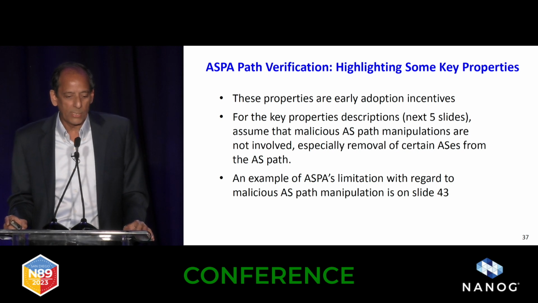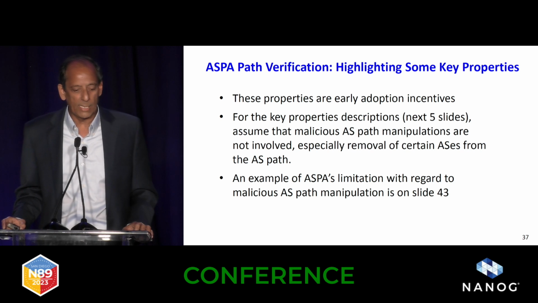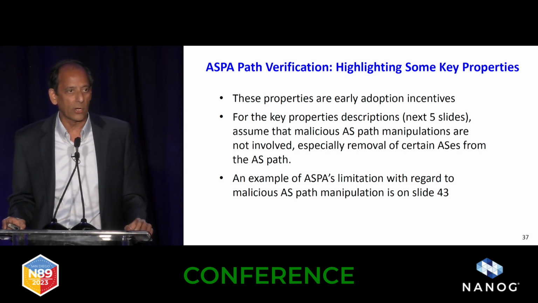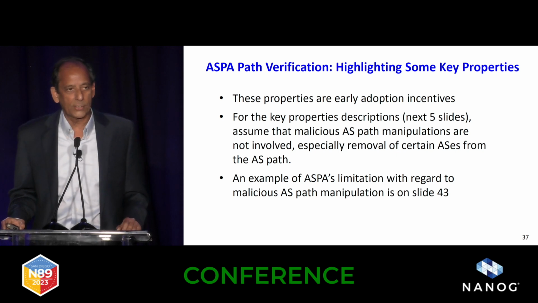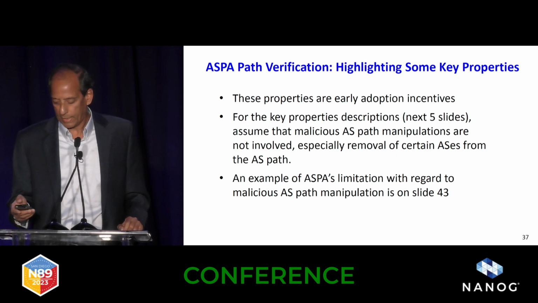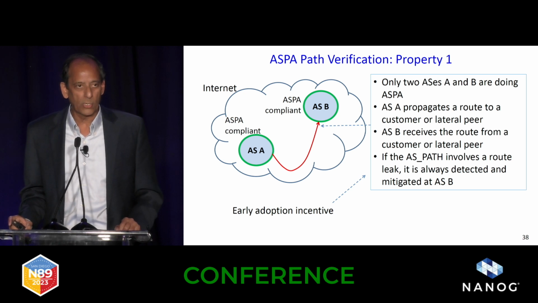For the key property descriptions, in the next 5 slides, we are assuming here that malicious AS path manipulations are not involved, especially removal of certain ASs from the AS path. We'll look at that later in slide 43. That is a limitation of ASPA. But what we are going to highlight are properties that relate to route leak detection and forged origin prefix hijacks.